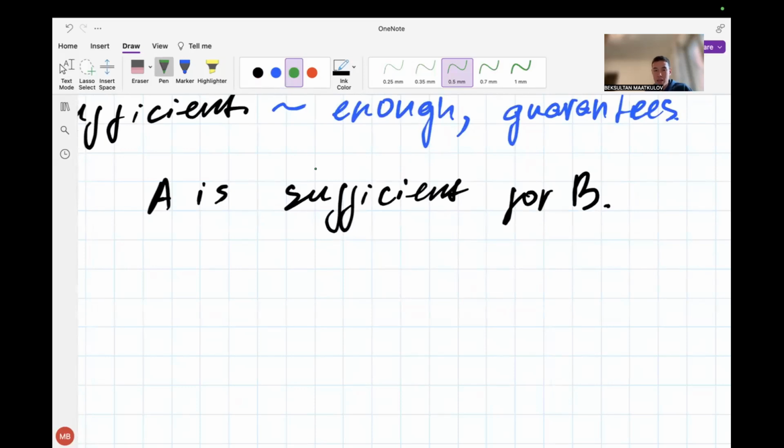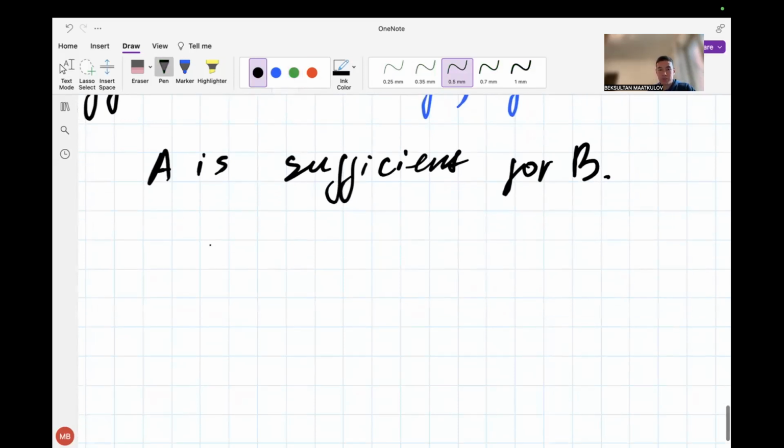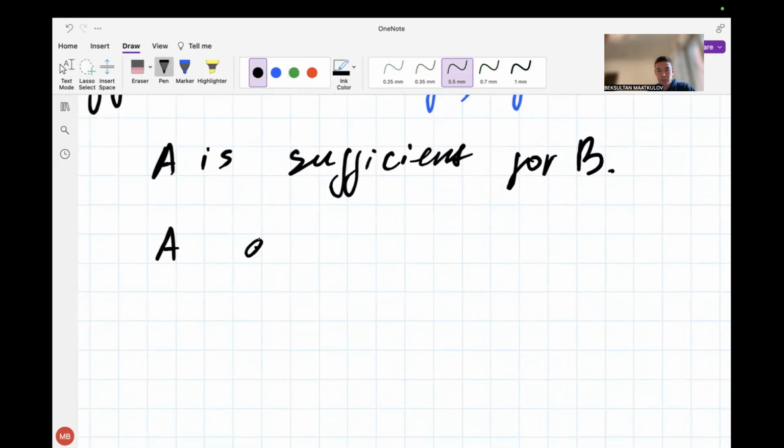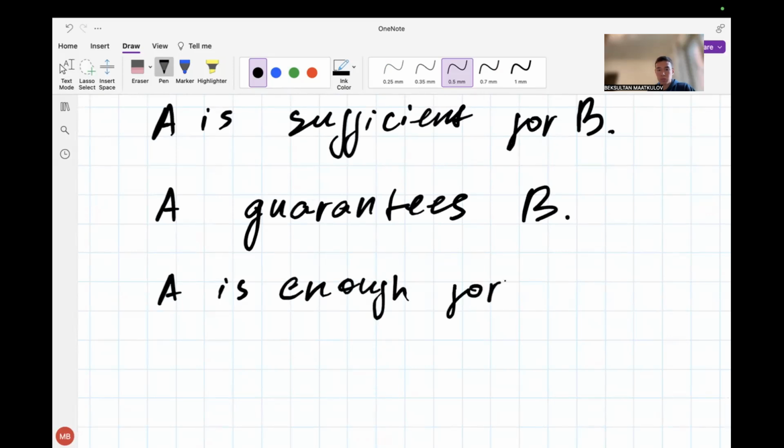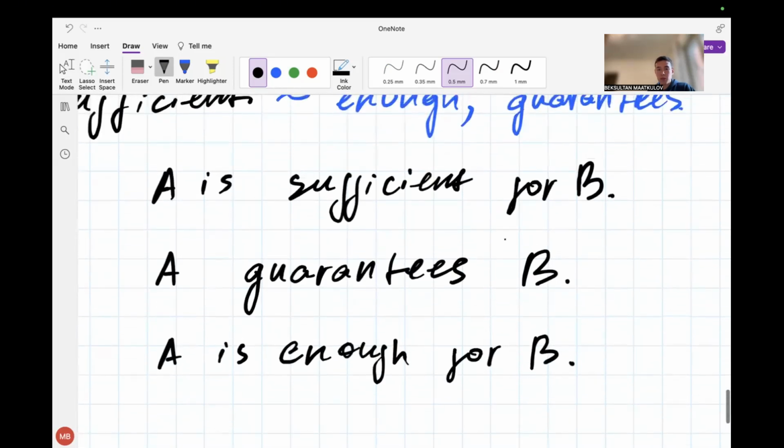So you can write A guarantees B. You could write A is enough for B. And all of them are interchangeably used, right?